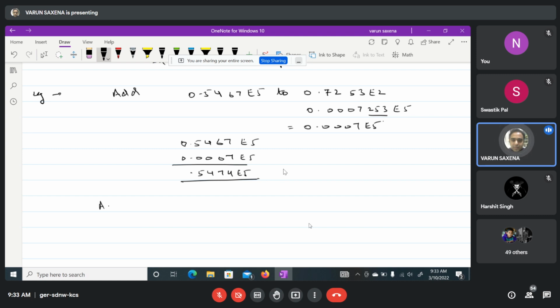The question is you're adding 0.5467 E5 to 0.7254 E2. Sorry, it's not E5. Let's take it to be E2. So if you do this addition, can you tell me what will be your answer? Let's try it out.